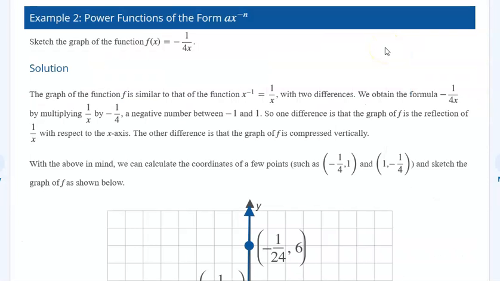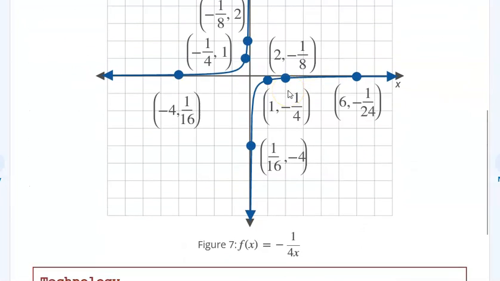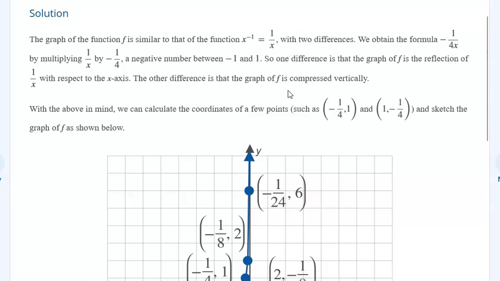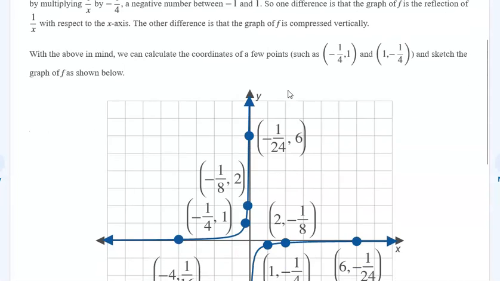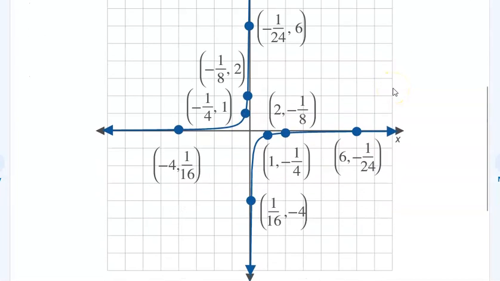In example 2, they're asking us to graph and sketch this function. Now, notice it's a negative value. X is in the denominator, so it indicates generally this type of graph. But what we would need to do is plug in some extra points. Now, I'm not going to go through all the calculation to get these points, but as we look at them here, we can see they were plotted very, very carefully.